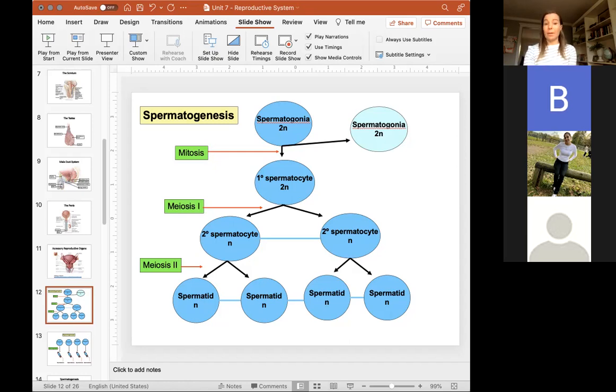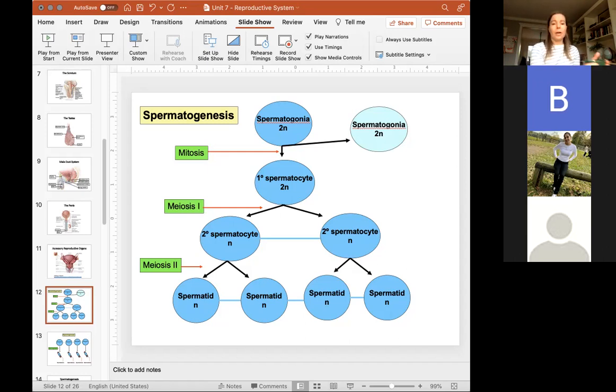So anyway, this is the spermatogenesis section. You guys do have, I think, almost everything filled in for you within this section, but I thought it would be helpful just to go over it because it can be a little bit tricky just because it involves meiosis instead of mitosis, which is the normal type of cell division that you're used to.